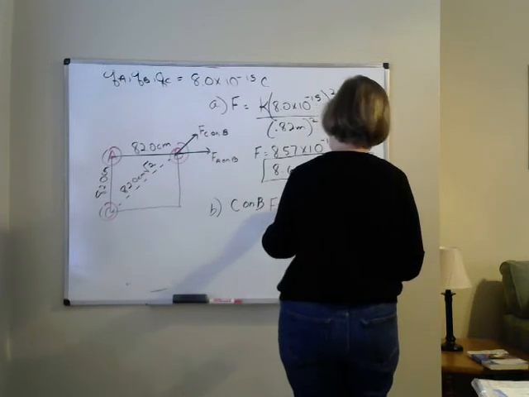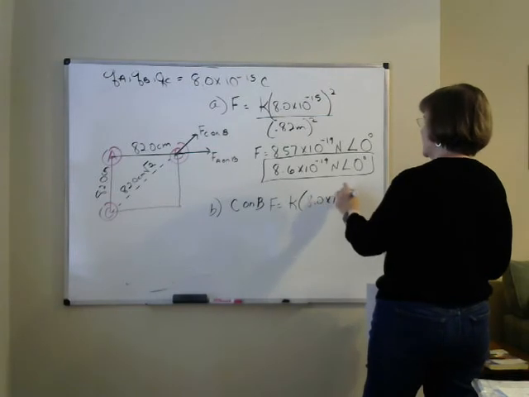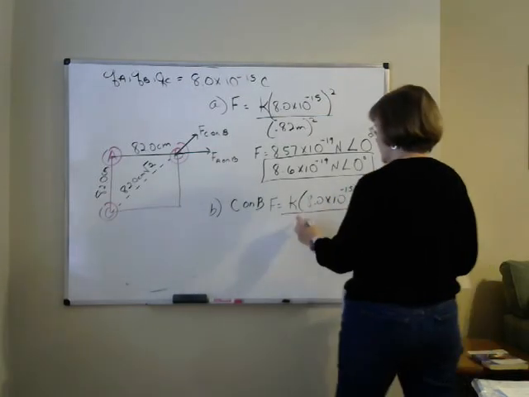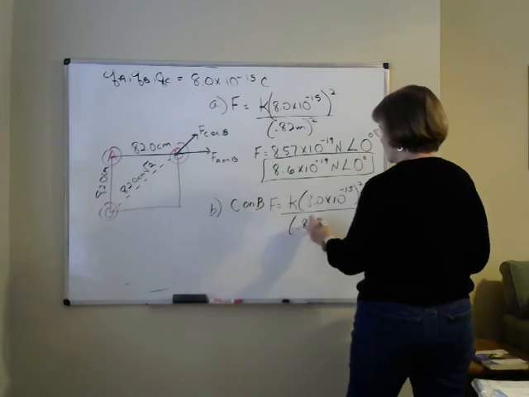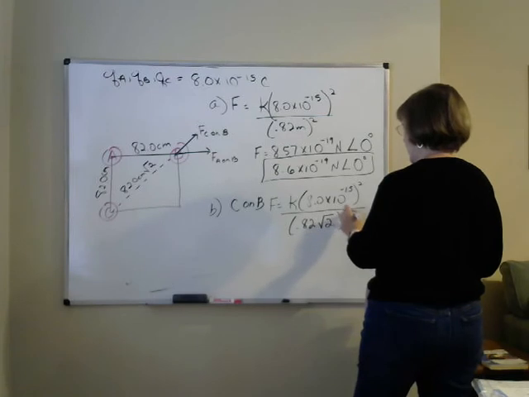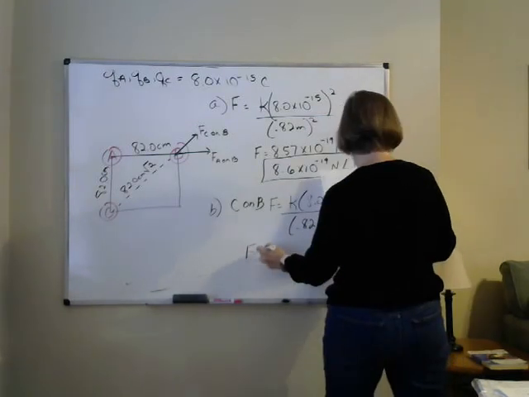It's K, 8.0 times 10 to the negative 15 squared. The distance is 0.82 meters times root 2, all squared. So I'm going to get a smaller force this time.